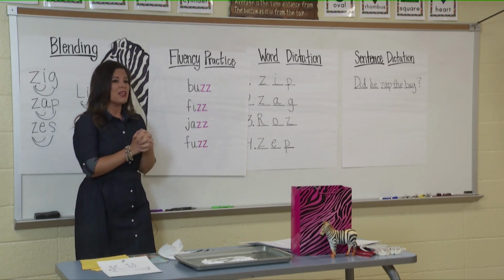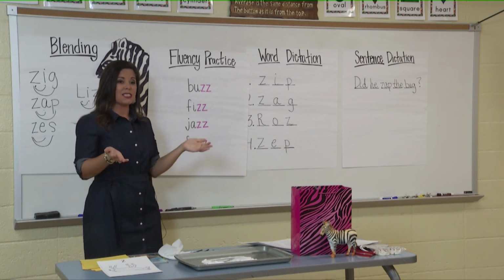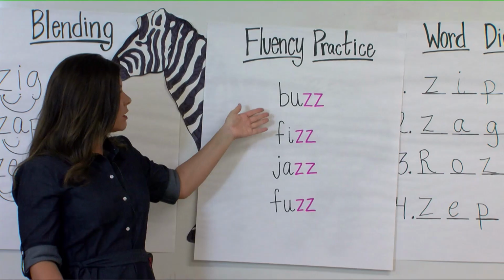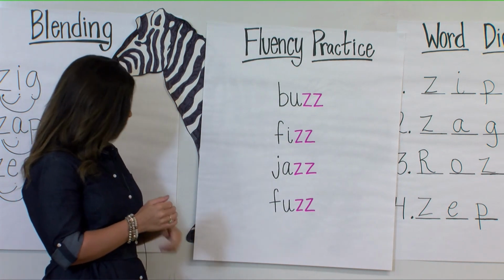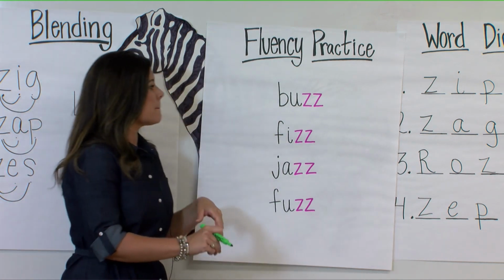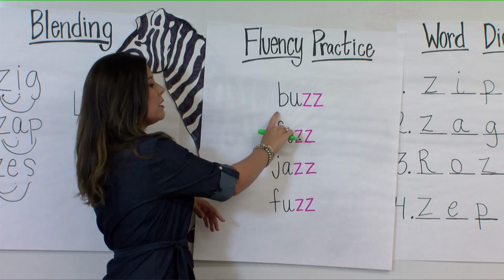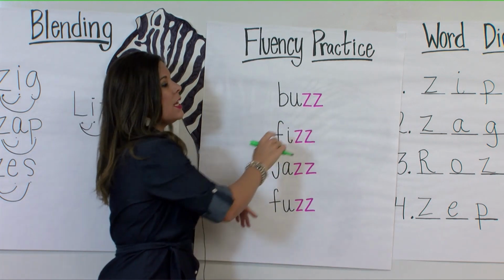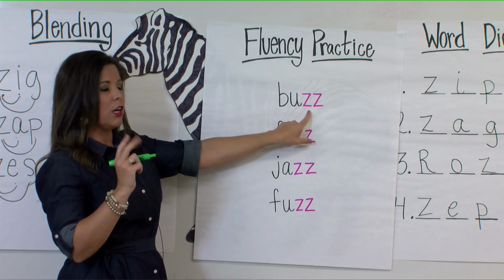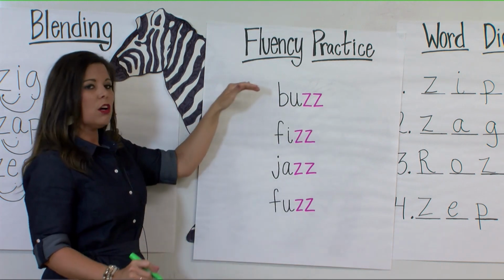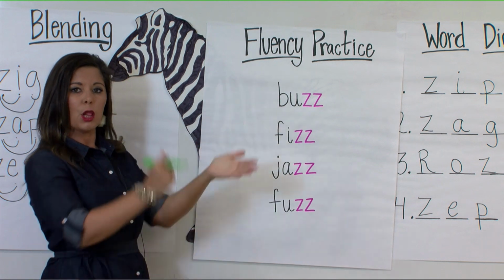And I'm going to teach you something, and maybe you can go teach someone at your house the same rule. Why do these words have 2 Z's at the end and not just one? Well, if you notice in this word, let's say the sounds first. B-uzz. Now this Z is still going to make the Z sound, but we have 2 of them. And the reason is because this word is a 1-syllable word, buzz.